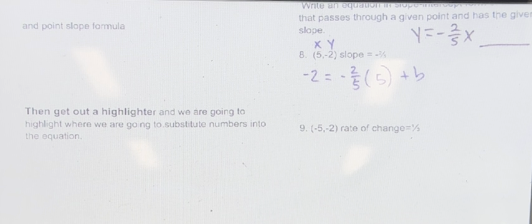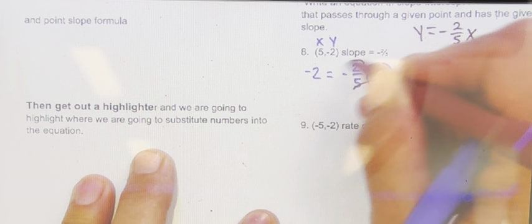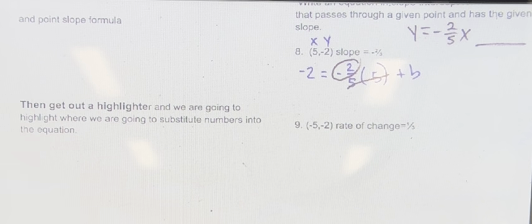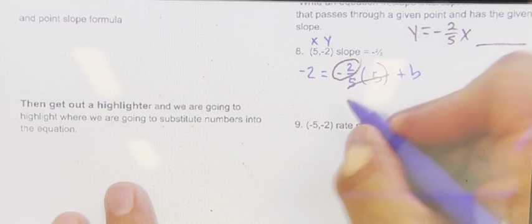So the math on either one, either using the slope-intercept or the point-slope formula, is the same. You're still going to end up doing the math. So -2/5 times 5. Of course, you can put that in the calculator. And again, the 5's cancel, and you end up with just -2. And we're solving for b. So what's opposite of -2? +2.